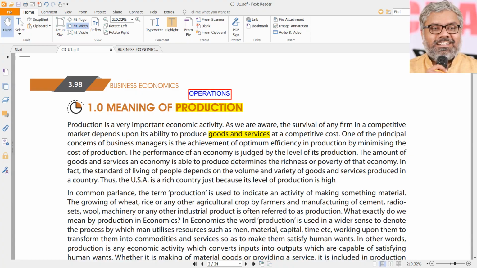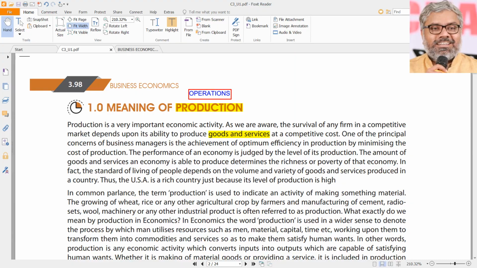For a hospital, treating the patients is operations, not just the operating theater. For an educational institution, teaching the students is operations. For a manufacturing industry, manufacturing the commodities and goods is operations. For an airlines industry, taking the passengers from one place to another through aircraft is operations.